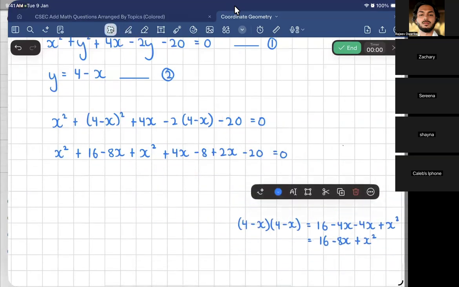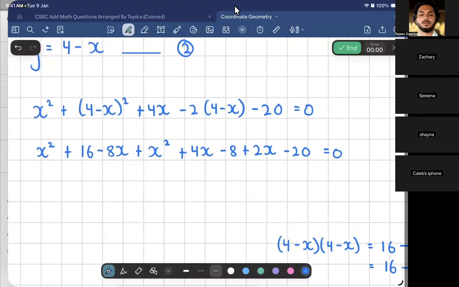Yes, sir. Okay. Let's underline all the like terms. So I see an x squared here, an x squared here, an x term here, an x term here, and an x term here. Everything else is numbers. So altogether, how many x squared terms? 2. Right, so that's going to be 2x squared.